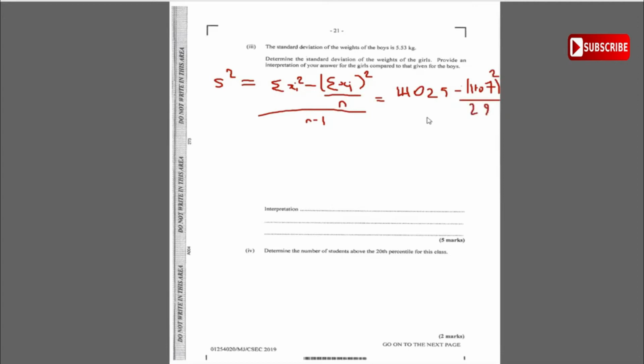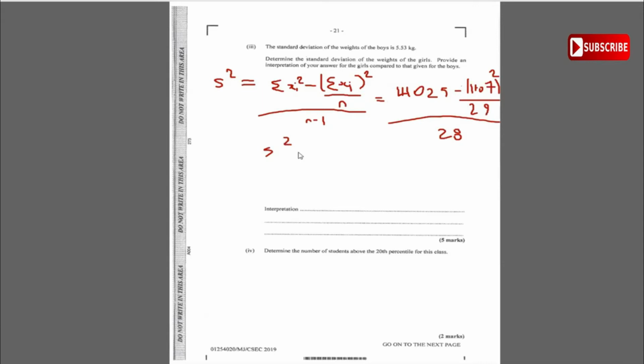All of this will then be divided by 28. And so what we're getting is s squared works out to be 1,107 squared divided by 29, then 41,025 minus the answer, and the square root of 44.